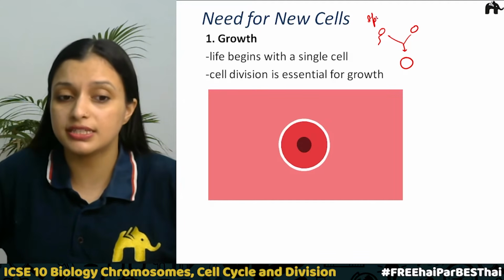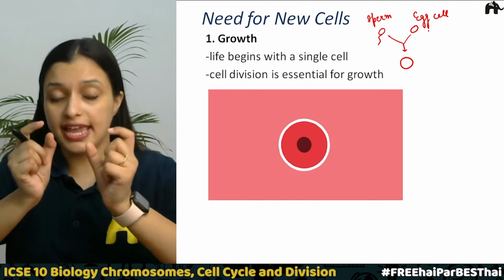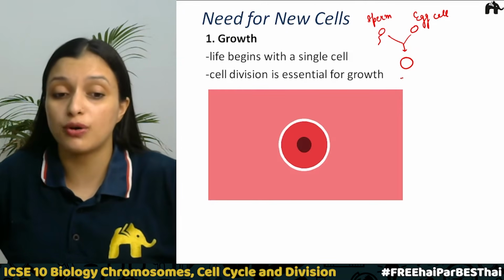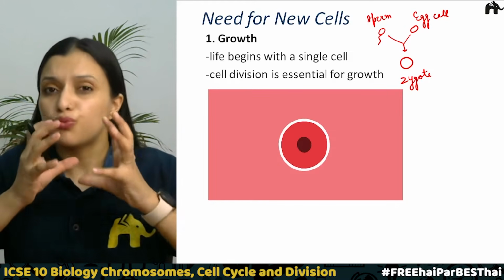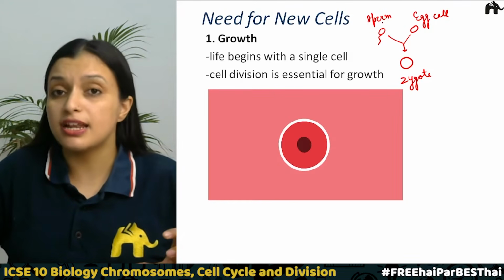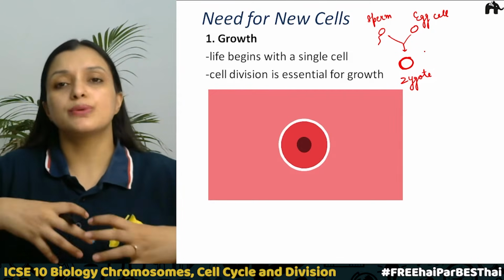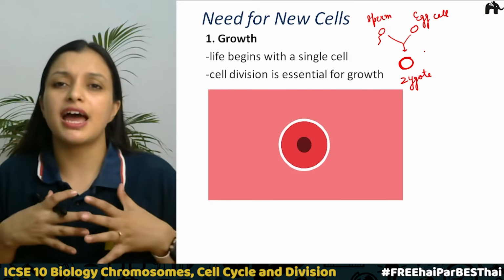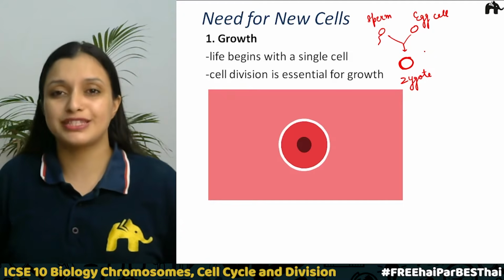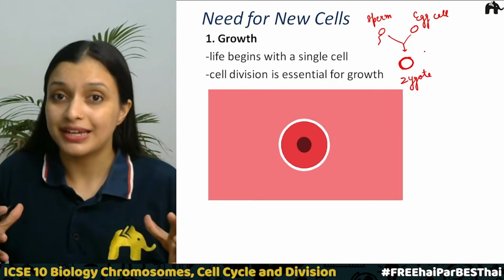When this egg is fertilized by sperm, it forms a zygote. So this is a single cell. On the fusion we got a single cell, and now this single cell will start dividing and keep on multiplying, and then it will form millions of cells, and this is how the organism will grow, right?